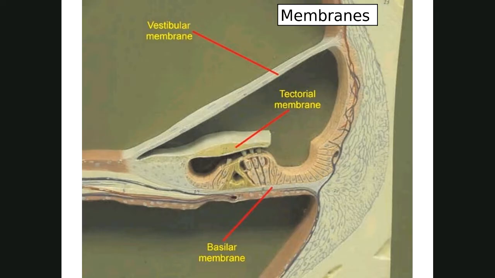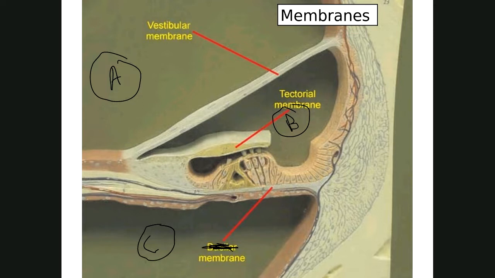Does it make sense to everyone? So if I were to ask you to name these chambers, what would A be? What would B be? And what would C be? Even if you didn't have these labels here, you should be able to name it by the way they look.